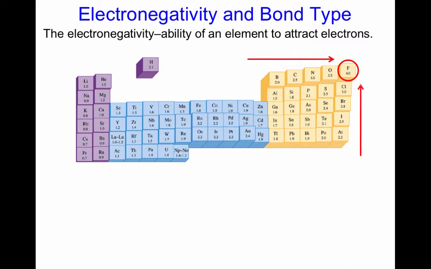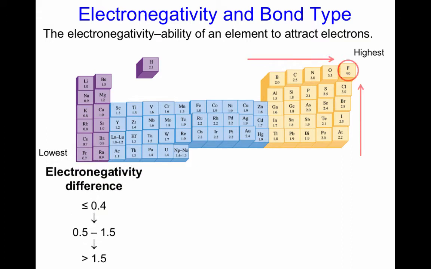So the general trend is that it increases going up and to the right on the periodic table. So it's highest over there and then lowest on the left-hand side. You will have access to an electronegativity chart in class at all times.